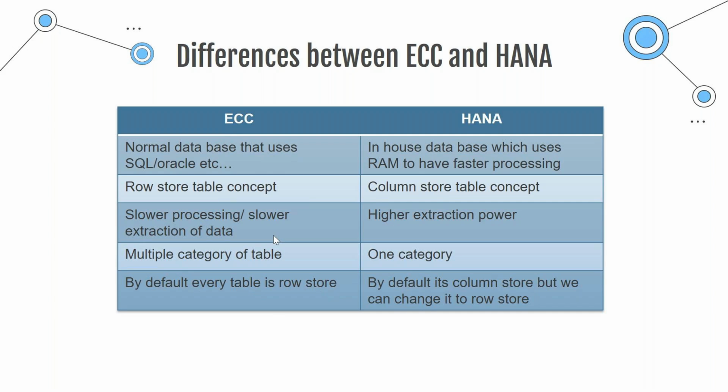If I'm creating a database table in HANA system, by default, it will be a column store. But if I want to change it to row store, I can still change it. That flexibility is given by SAP to change the storage type from column store to row store.